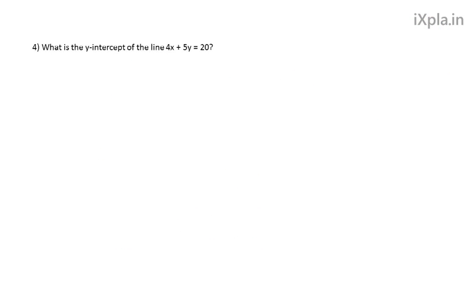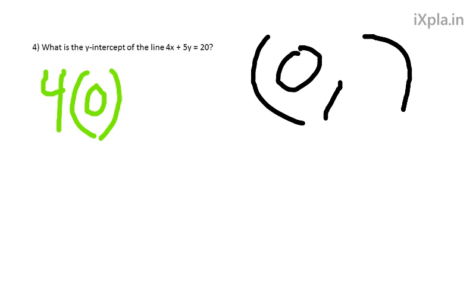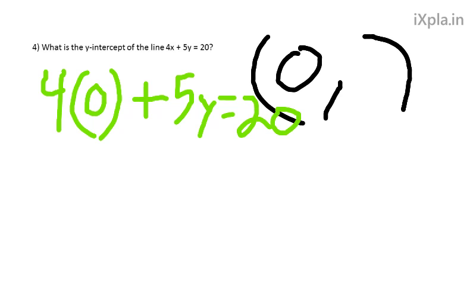Very similar when you have what is the y-intercept of the line. Okay, remember that with a y-intercept, we always assume that x is 0, and it's the other one we've got to figure out. So let's go ahead and substitute. So we've got 4 times 0, plus 5y, which we don't know yet, equals 20.